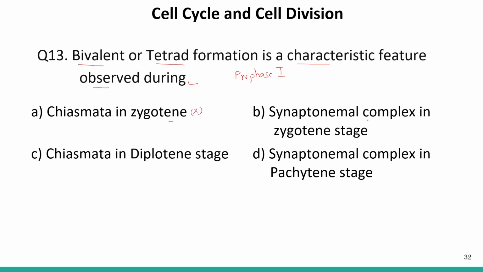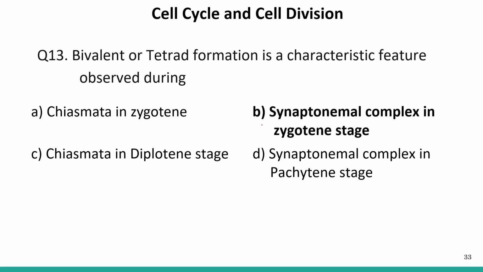Synaptonemal complex during zygotene stage, this is true. Chiasmata in diplotene stage, not true. And synaptonemal complex during pachytene stage, this is not true. So the answer should be synaptonemal complex in the zygotene stage.